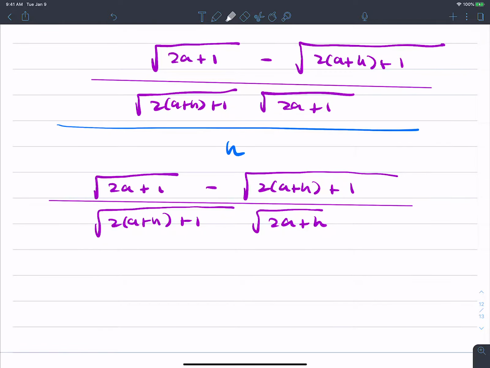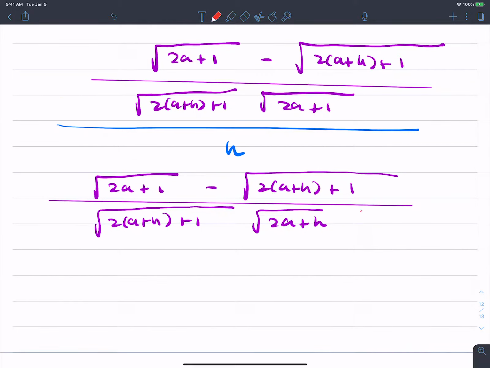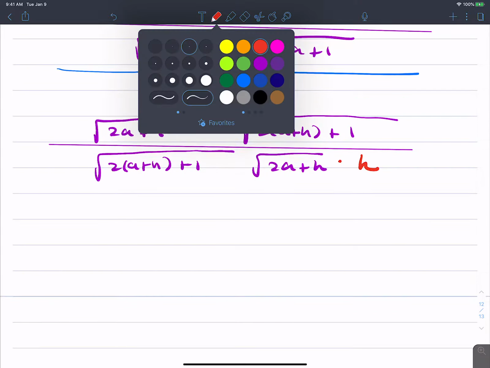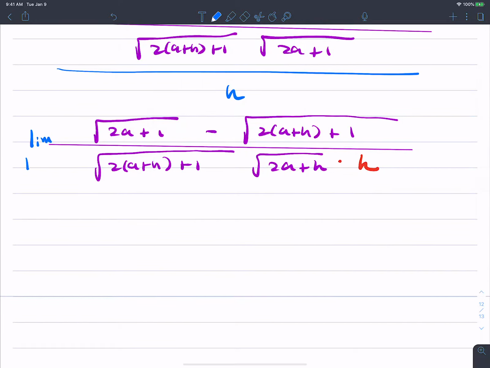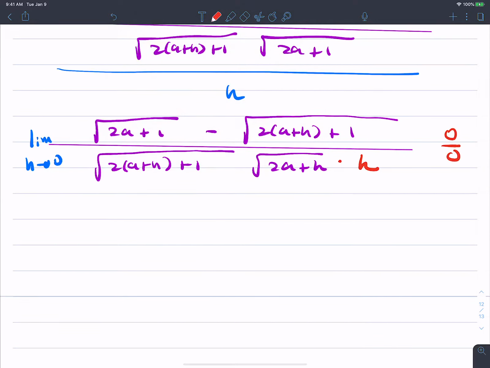Don't forget you're dividing by h, which really means the h is down here outside of the radical, right? So you can start putting that now. And if you try to do the limit, by the way, you're going to get the indeterminate form. So remember, we're going to try to take this limit as h goes to 0. You get an indeterminate form of 0 over 0.